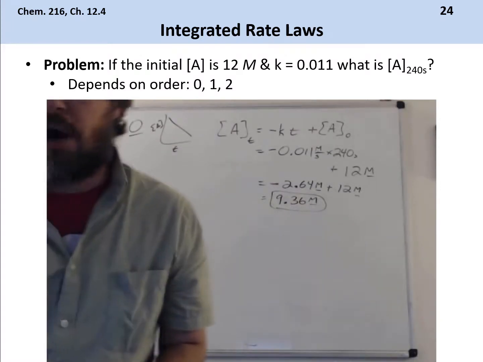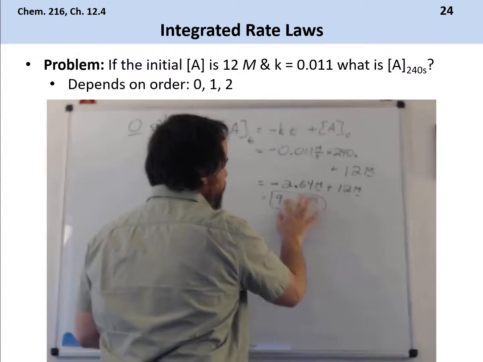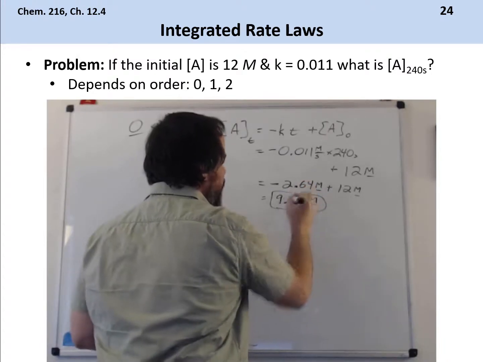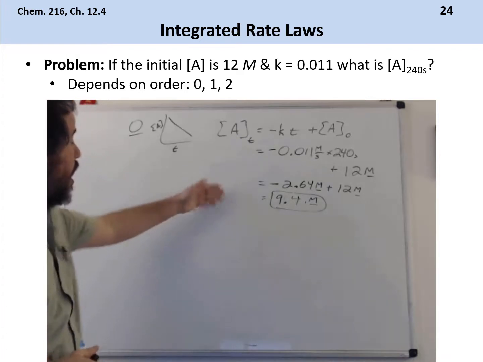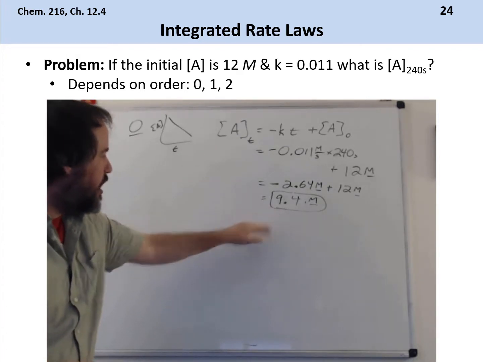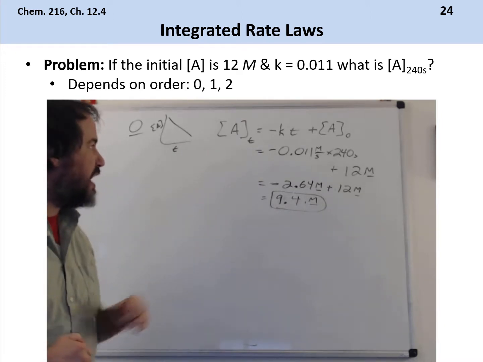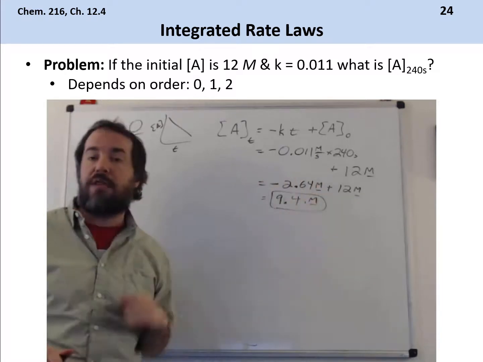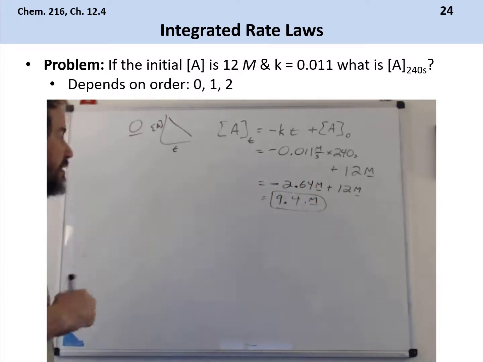Okay, so, actually, seeing that I start off with 2 sig figs, my answer should have 2 sig figs. So 9.4 molar is my answer. Okay, all right, notice that this concentration, which is my value at 240 seconds, is less than what I started with. That's good.